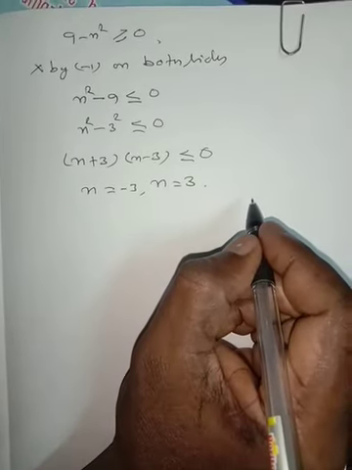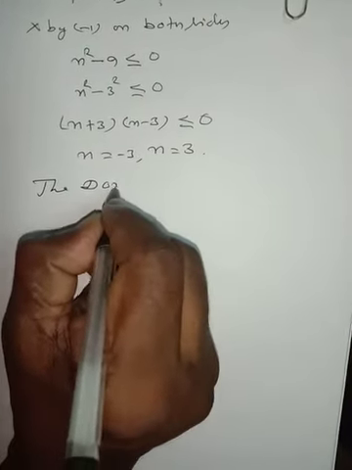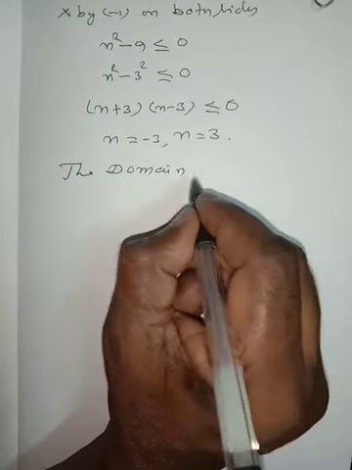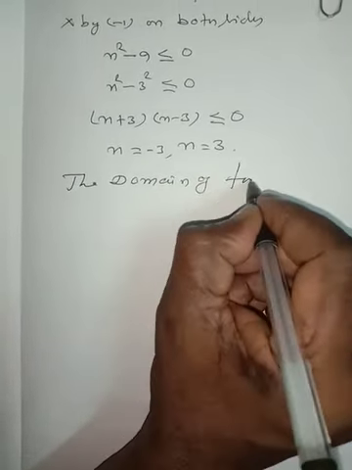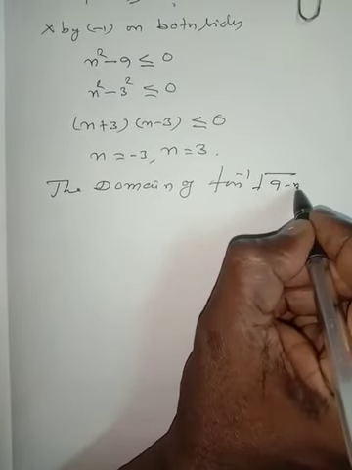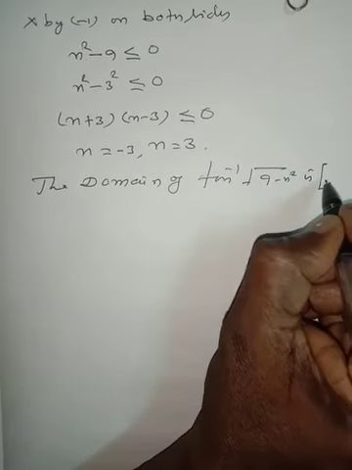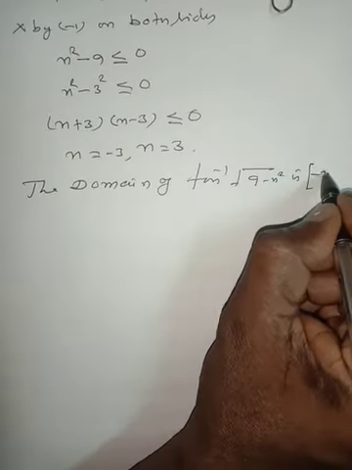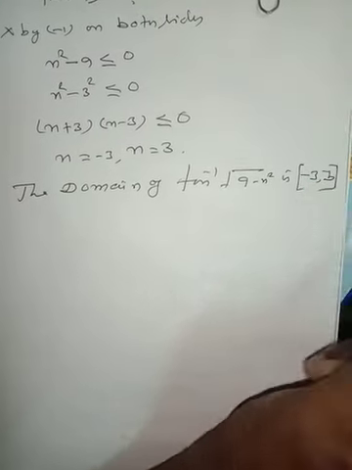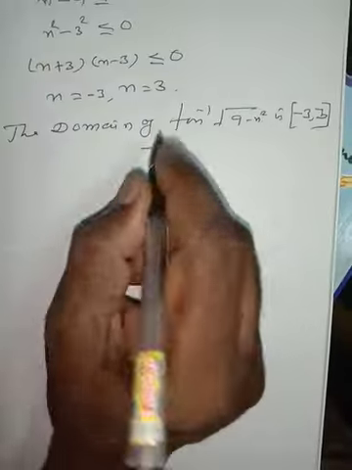Now, the domain of tan inverse of root of 9 minus x square is the closed interval minus 3 comma positive 3.